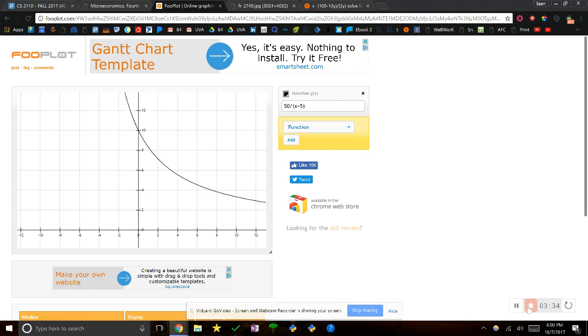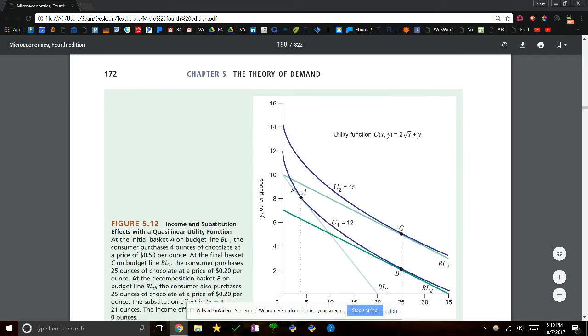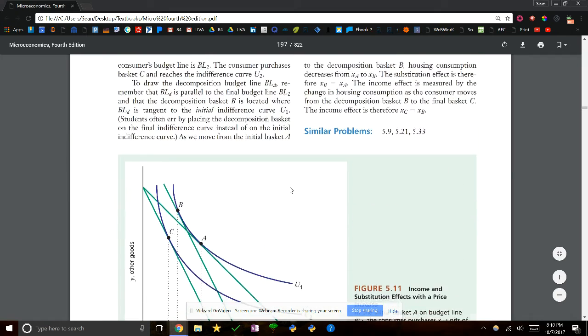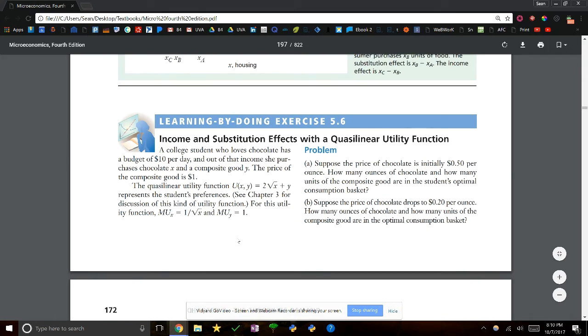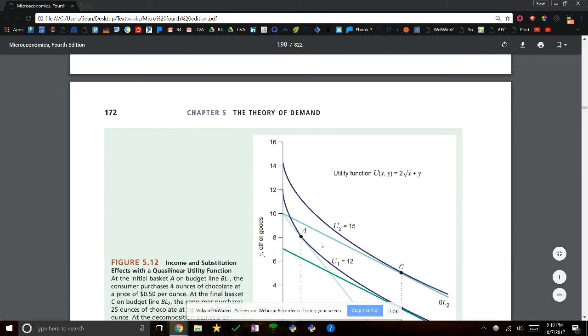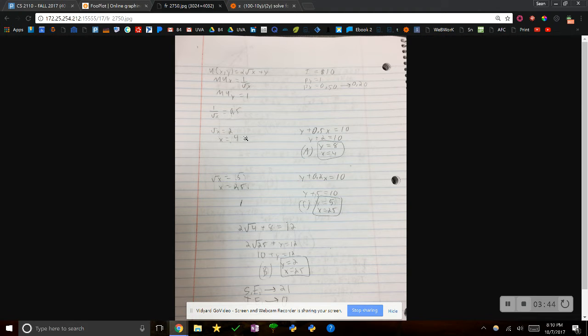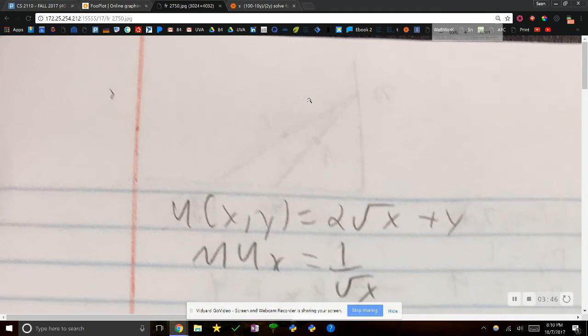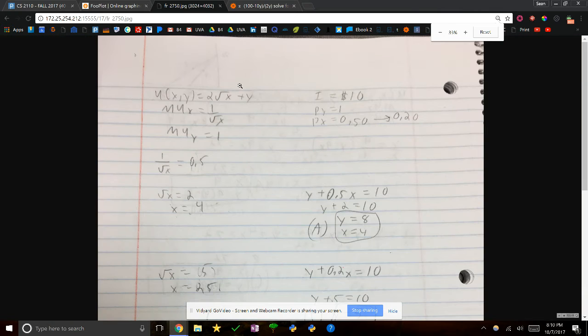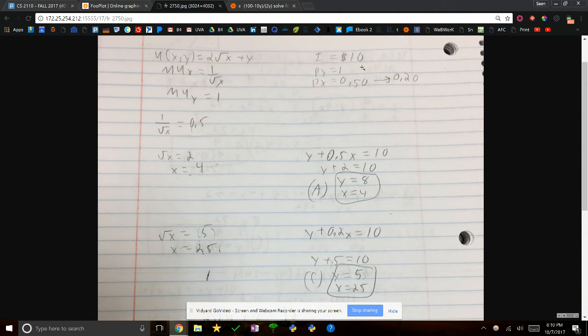Okay. All right, so here's another problem for you right here. So basically we have this utility function right here. Can I zoom out here? Okay. We find MUx and MUy, and then we have these given prices and the income right here.